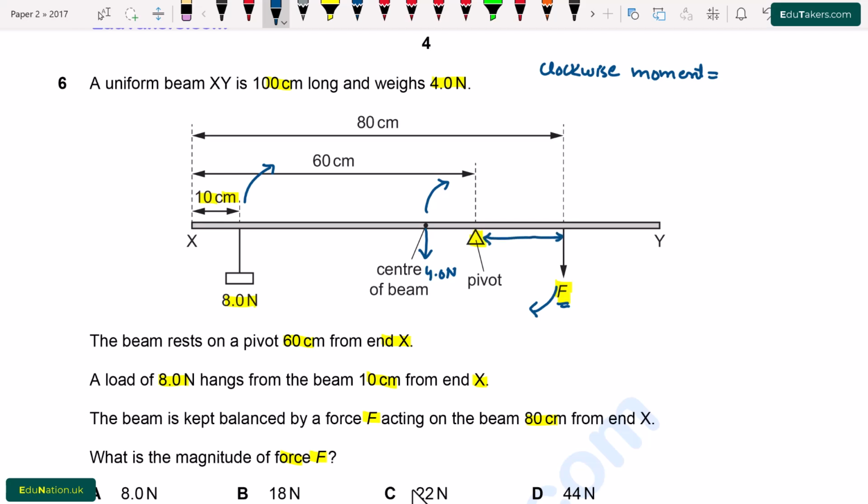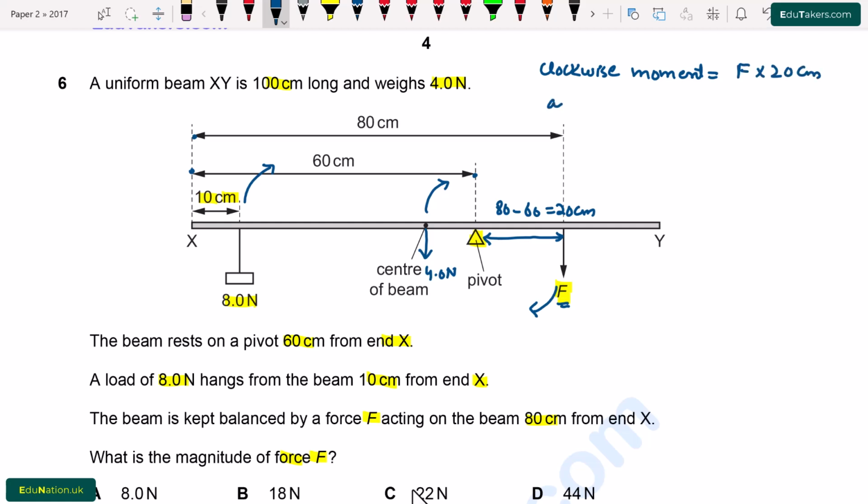It is given that the distance of the force from the point X is equal to 80 and the distance of the pivot point from X is equal to 60. So this distance will be 80 minus 60, which is equal to 20 cm. So I write here F multiplied by 20 cm.